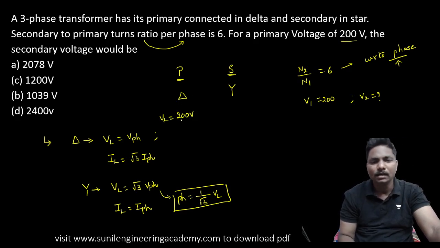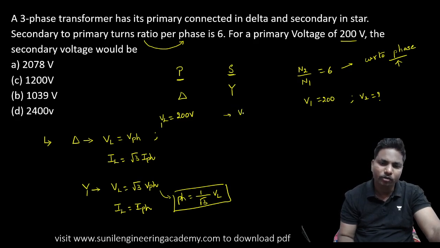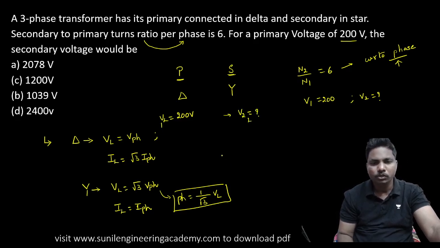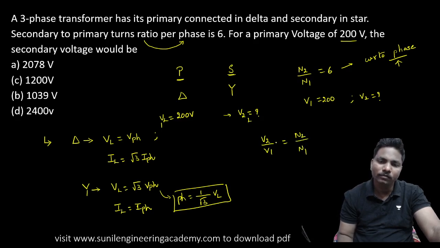In the delta, line voltage and phase voltage are both the same. Let us take this as the primary line voltage, and we need to find this secondary voltage in line values. We have the turns ratio. We know V2 by V1 is equal to N2 by N1 with respect to phases.